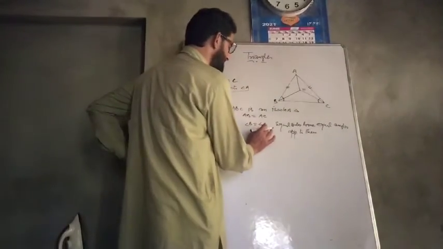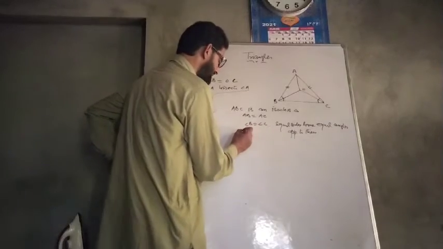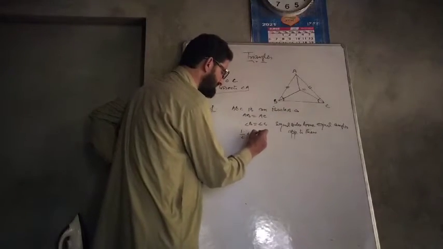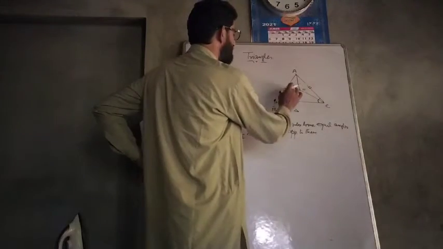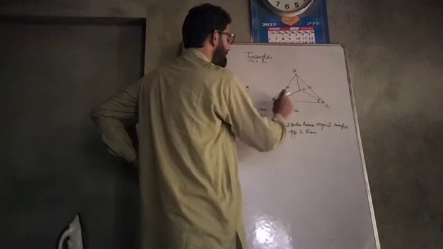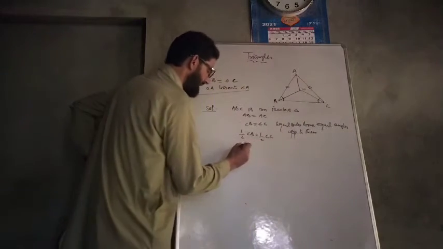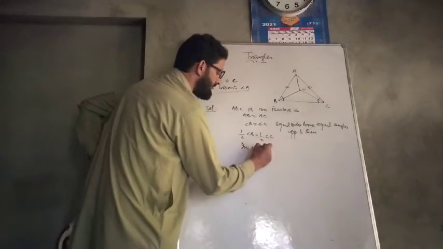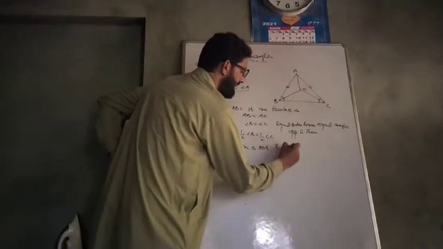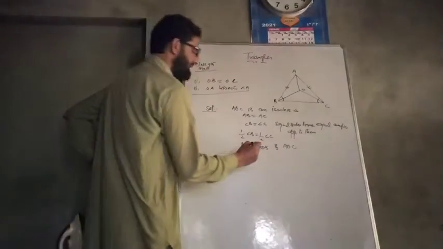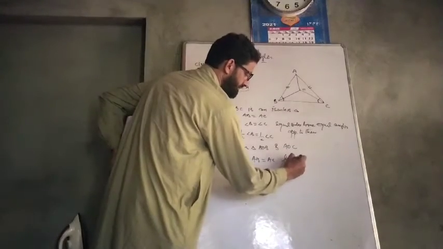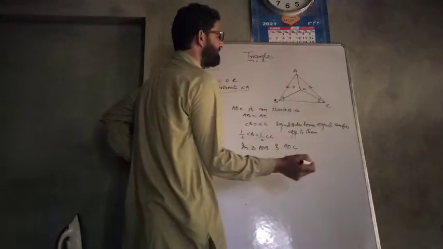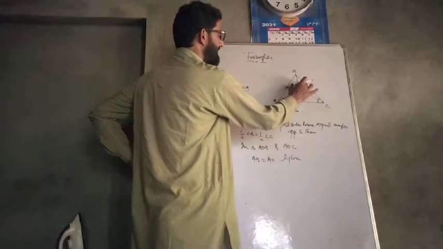So angle B is equal to angle C, and 1/2 of angle B is obviously equal to 1/2 of angle C. Why do we do this? Let us take these two triangles, AOB and AOC. Now in triangles AOB and AOC, you see here AB is equal to AC. This is given. We take these two triangles, this triangle and this triangle.